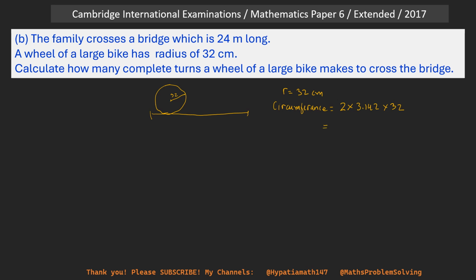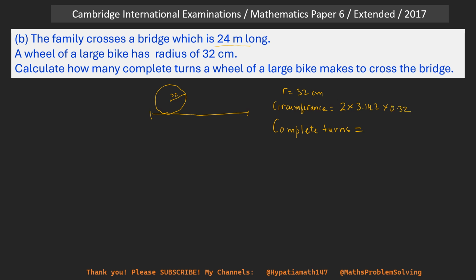Before I do that, the bridge is 24 meters long. How many complete turns? One turn would be the circumference. So it would be 24 divided by the circumference, and since the radius is 32 centimeters, I have to use 0.32.